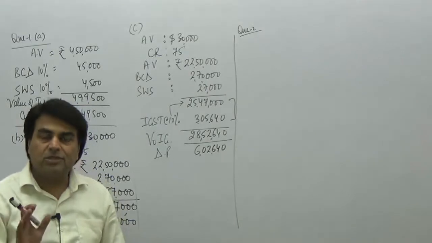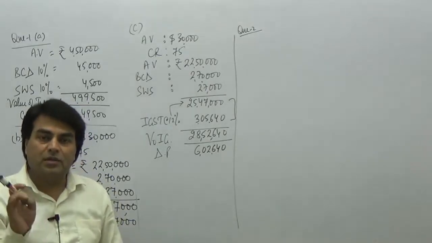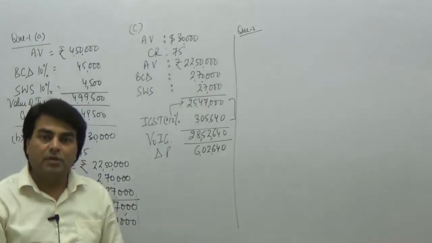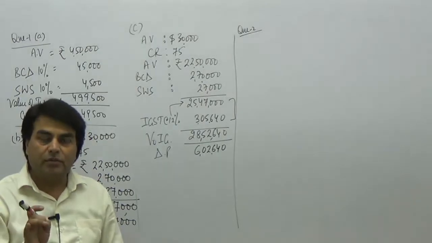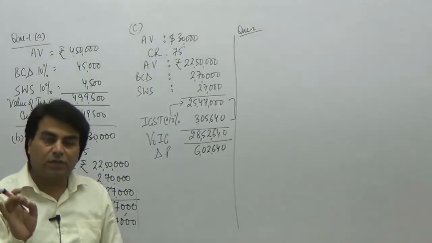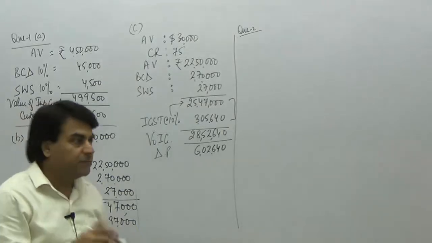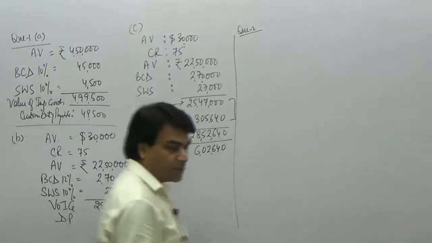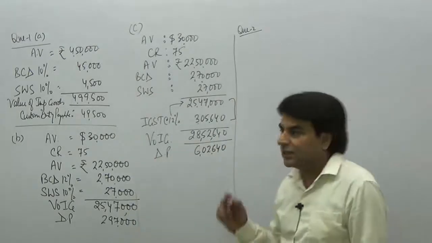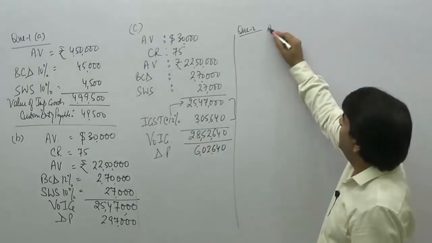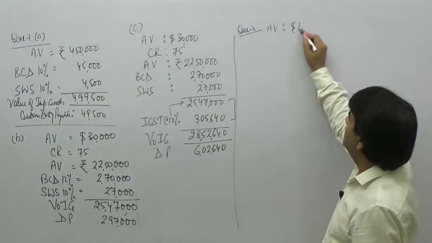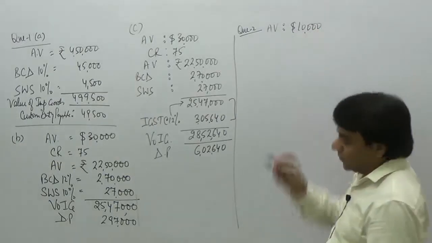So our first decision would be which duty rate we should take and which conversion rate we should take. Okay, so please see, this is question number 2. The assessable value given is $10,000.